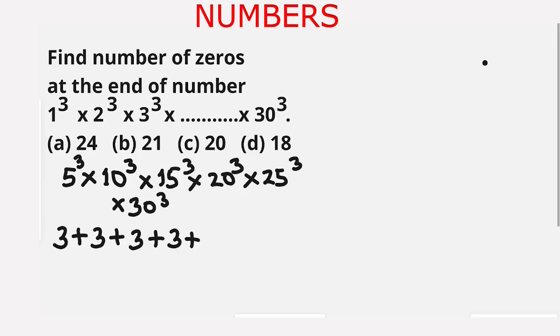So the total power of 5 will be 6, plus in 30 the power of 5 will be 3, and this sum is equal to 21.